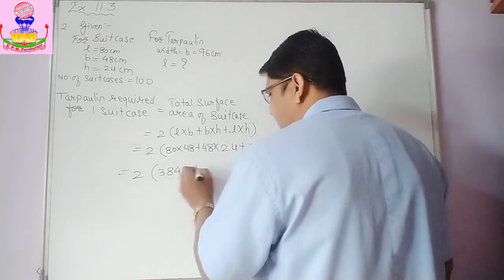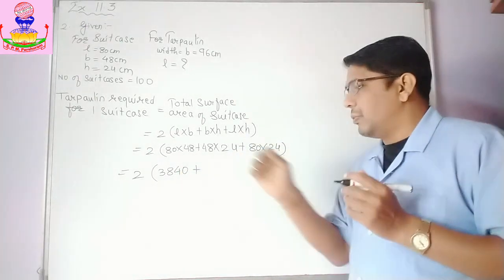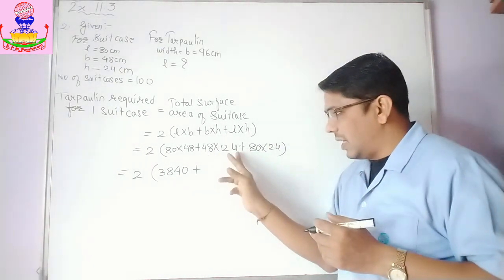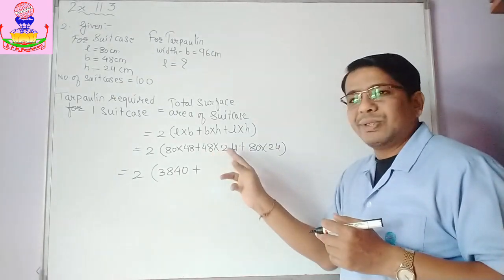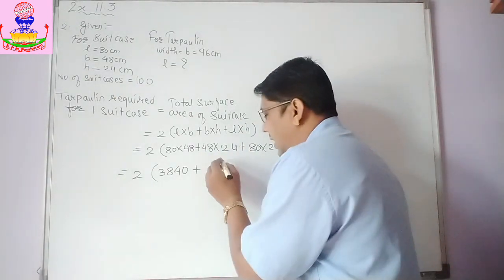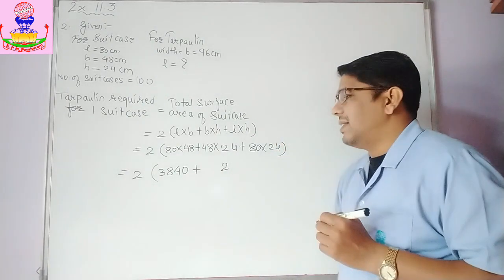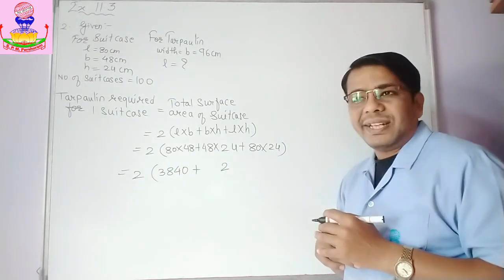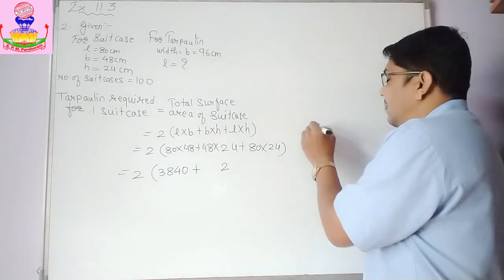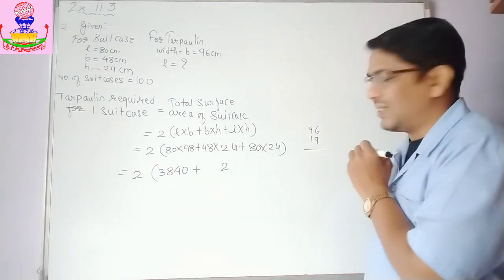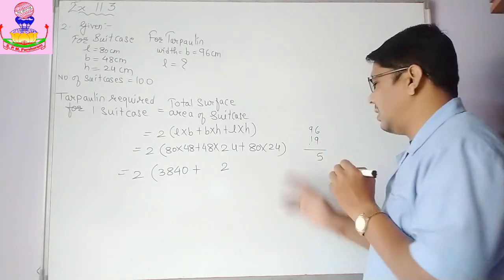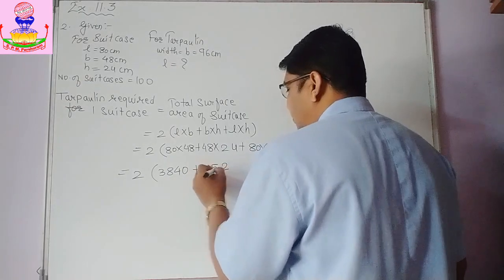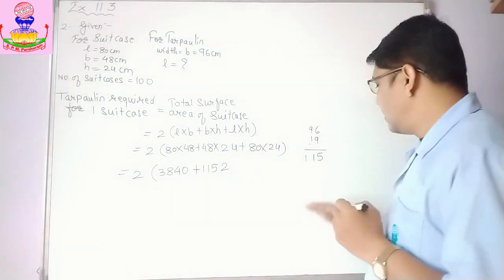Plus, now 24 8s are 192, you can check it. 8 4s are 32, 2, 3 carry on, 8 2s are 16 plus 3, 19, so 192. 24 4s are 96, 96 plus 19, 9 plus 6 is 15, 1 carry on, 9 plus 1 is 10, 10 plus 1 is 11, so 1152.